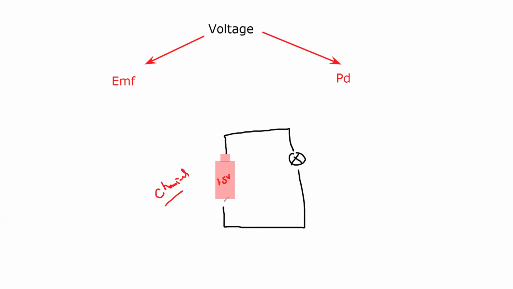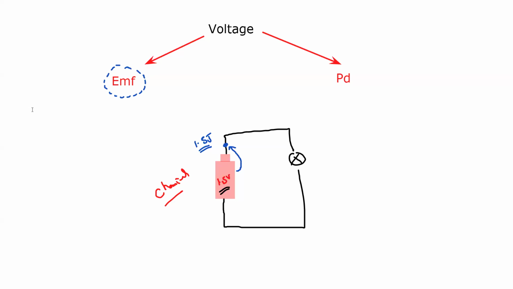On the cell, if it is labeled 1.5 V, what does it mean? It means that when one coulomb of charge moves out, it carries 1.5 joules of energy. The energy which this charge carries because of the chemical reaction is what we call electromotive force, or EMF.